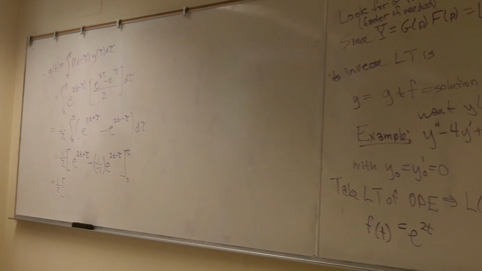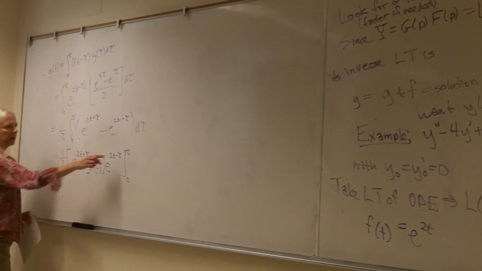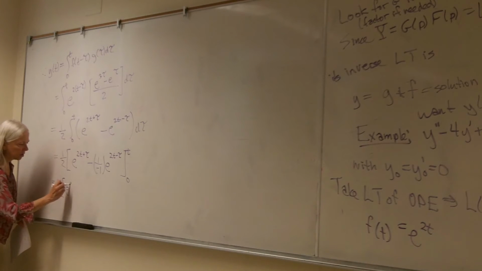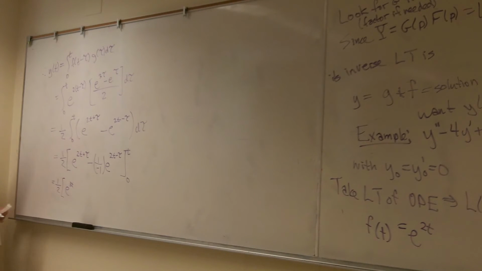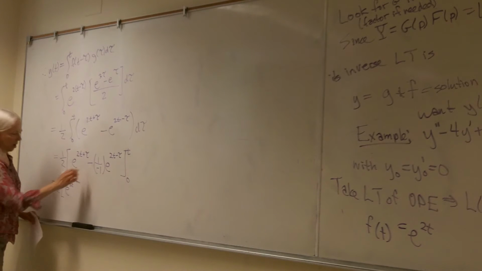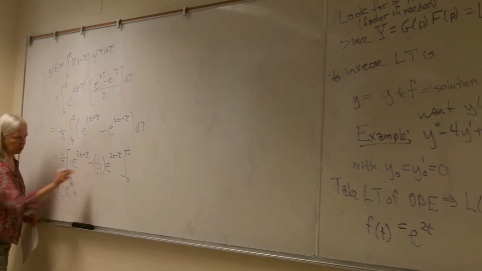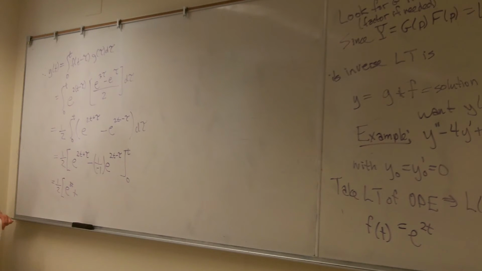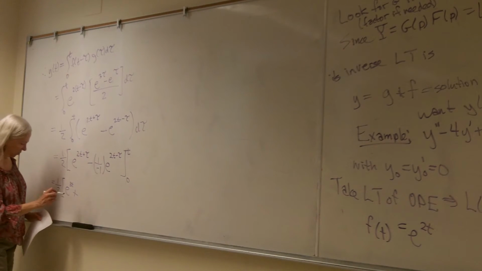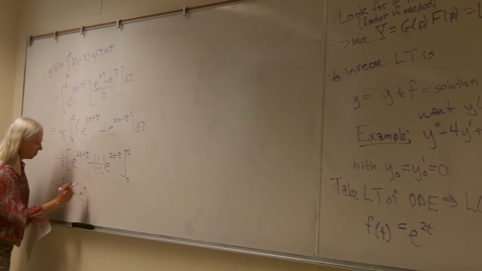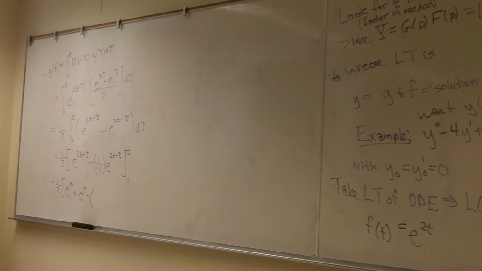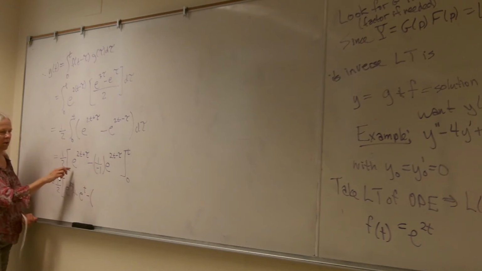When we plug in the upper limit, tau equals t, this first term will become e to the 3t. We'll have a plus sign because these minus signs cancel. And from the second term, when we plug in the upper limit, tau equals t, we have e to the t. And then subtracting the lower limit, because it's a lower limit, so now we're plugging in tau equals 0.